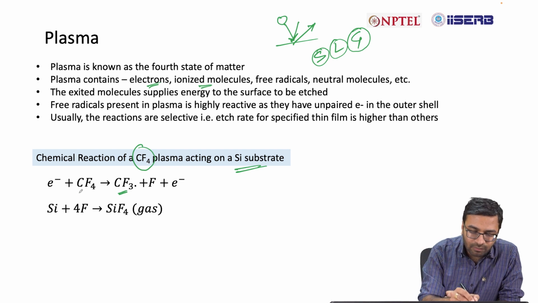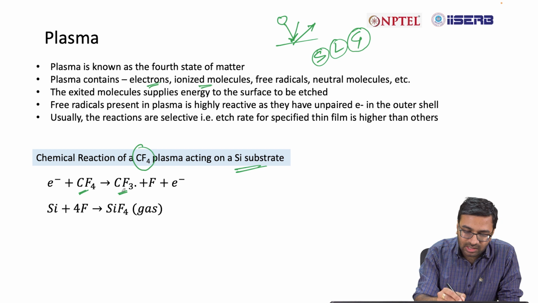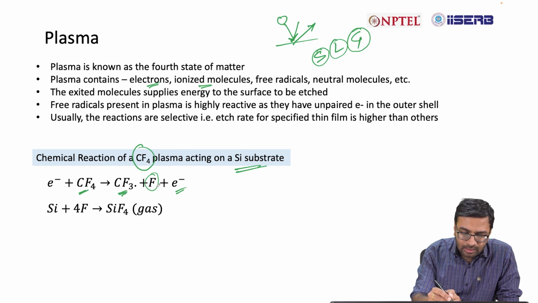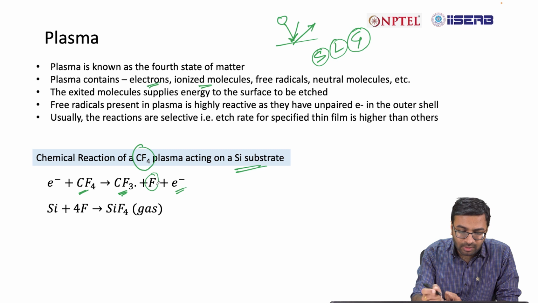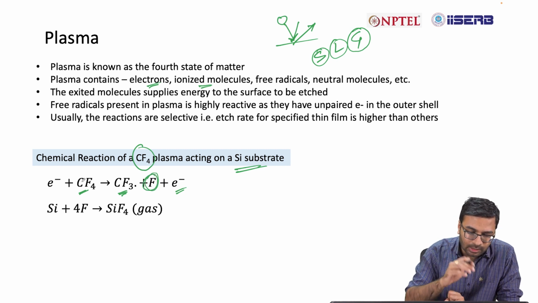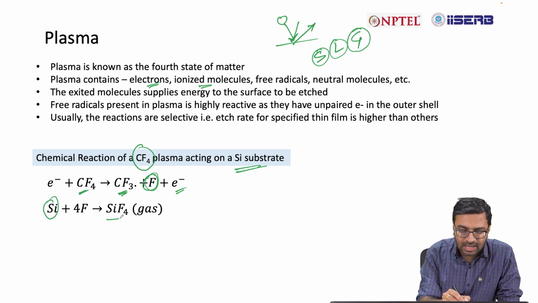So the CF4 molecule will be dissociated or will create CF3 radical, fluorine, and then one electron. This CF3 radical is again very kind of reactive, but the fluorine atom that comes out of one CF4 material will react with the silicon and will create SiF4 which is a gas.